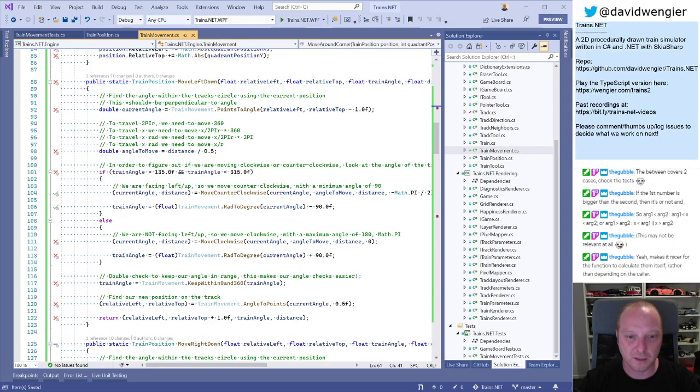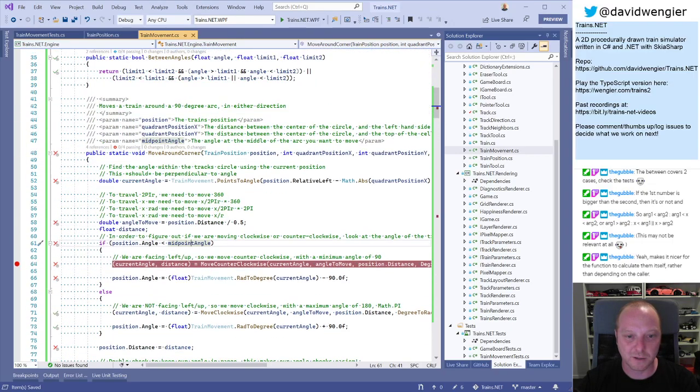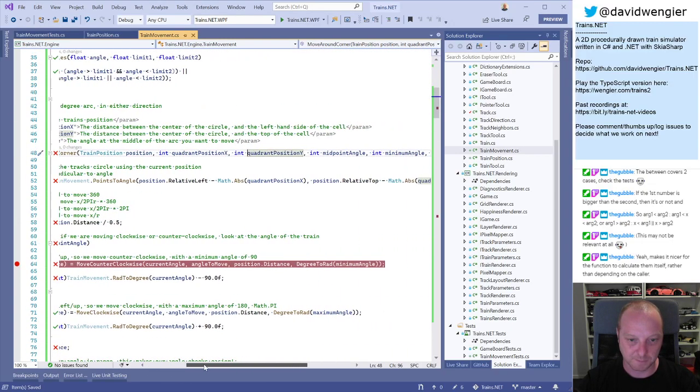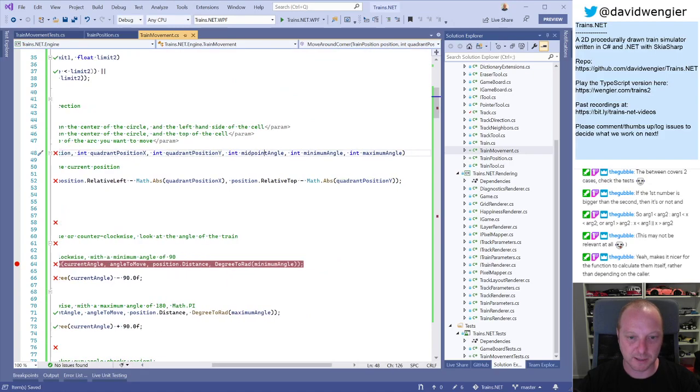I've ceased to understand the code, which is of course the problem of wanting things to just work. Excuse me, I get lazy. I don't even know what to call this. It's certainly not midpoint angle anymore.